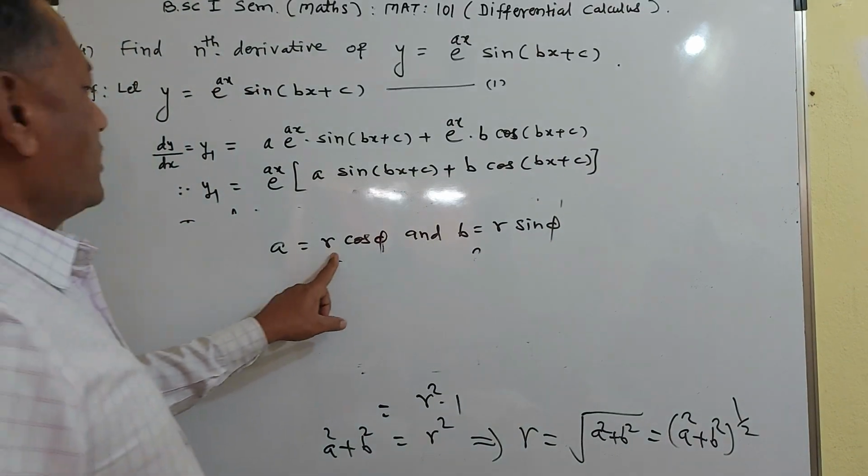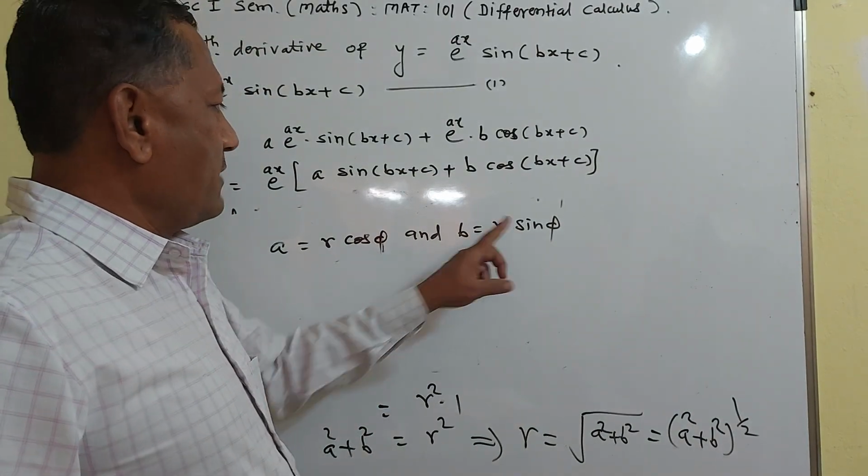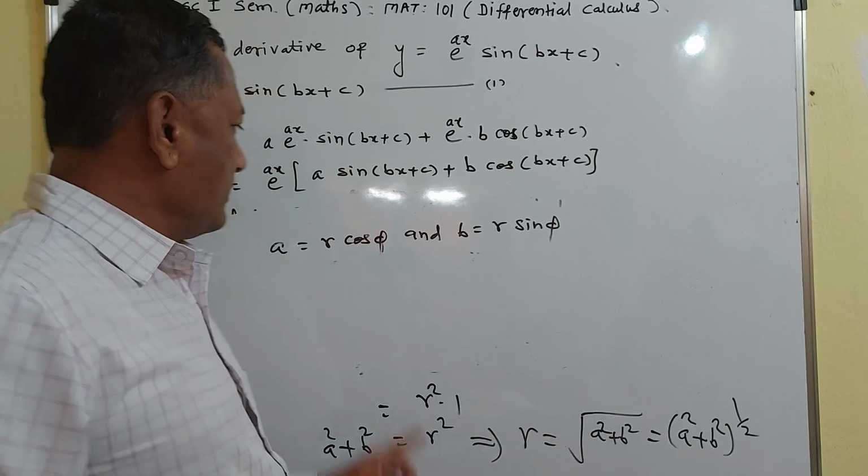From this you get r is equal to root a square plus b square.